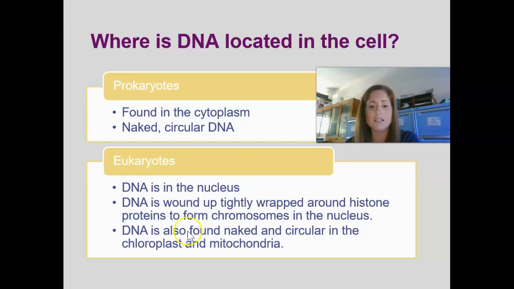The DNA found in the chloroplast and the mitochondria is to make the enzymes that are used for cellular respiration and photosynthesis. So it skips the step of having to make that protein somewhere else and then transport it to the mitochondria and the chloroplast. It all happens right there in the mitochondria and the chloroplast.